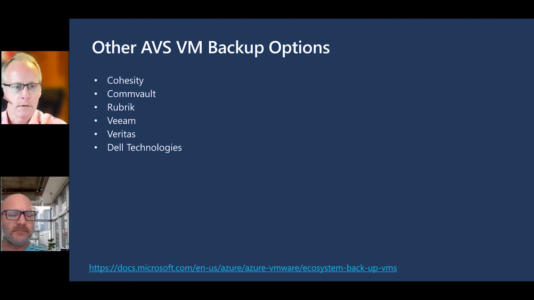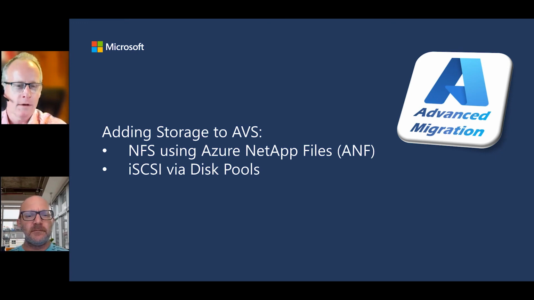Cool. So now we've talked about some ways to reduce your storage utilization. Inevitably, you're going to run into issues where customers are going to want to add storage. They've done all the heavy lifting of shrinking things down and moving some workloads off, but they really just need some more storage, right? There are two options that are in preview.